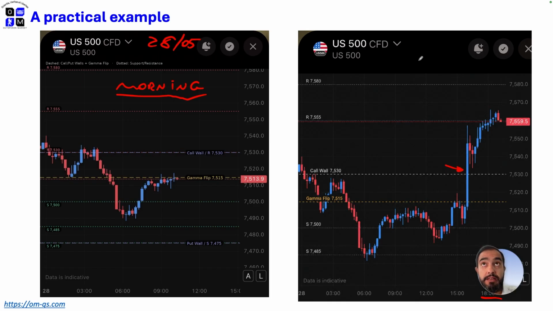We are still in a positive GEX environment. And then you see that this view over here is what we had early in the morning. The gamma flip is quite important, because we entered the afternoon into the positive GEX, but in the morning we were negative. What it means is that movements are amplified.